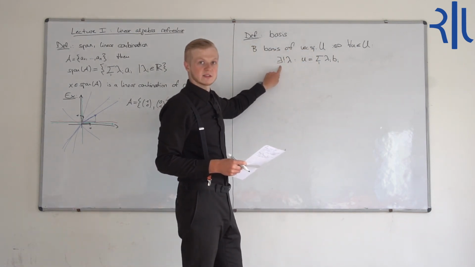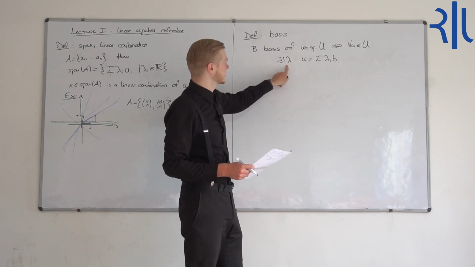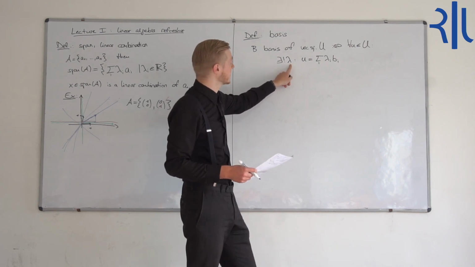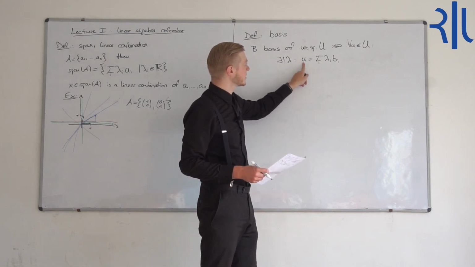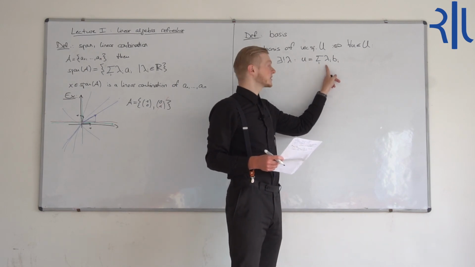So this sign means there exists exactly one, or it uniquely exists some lambda. Lambda would itself be some kind of vector. And we can write any element of U as a specific, unique linear combination of the basis vectors.